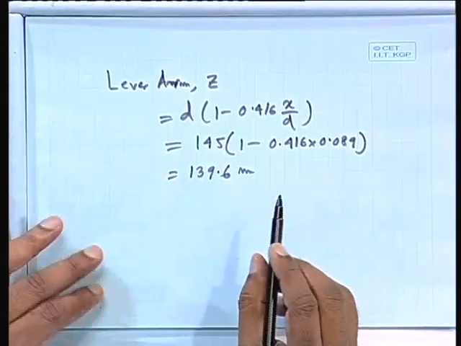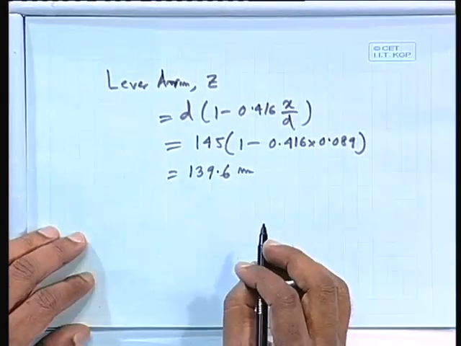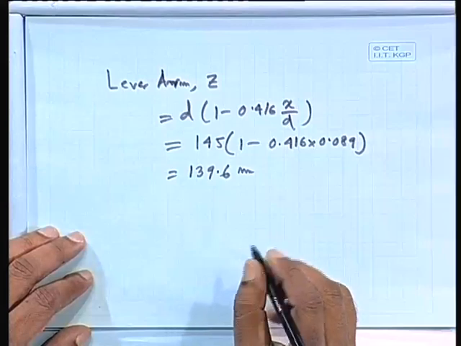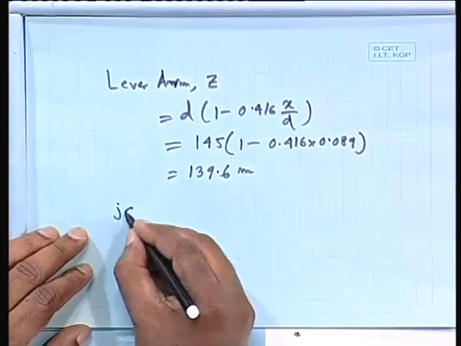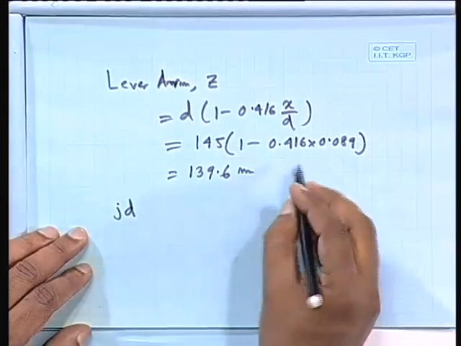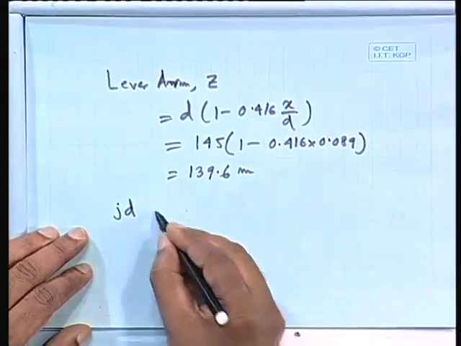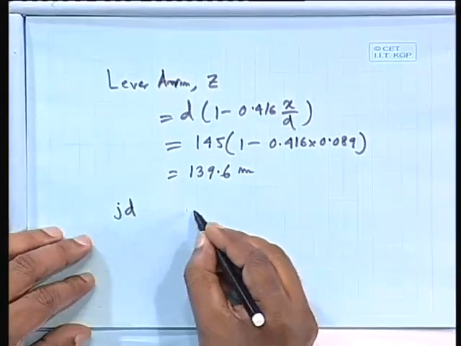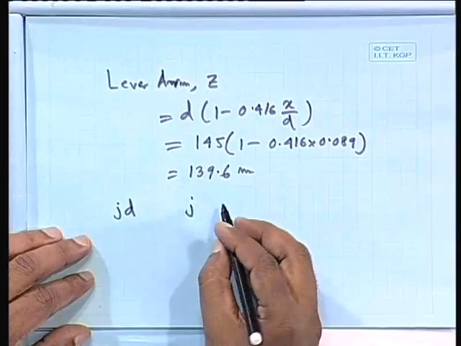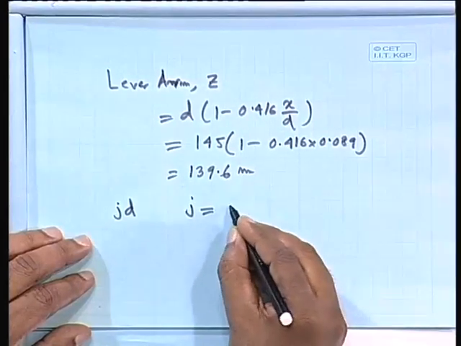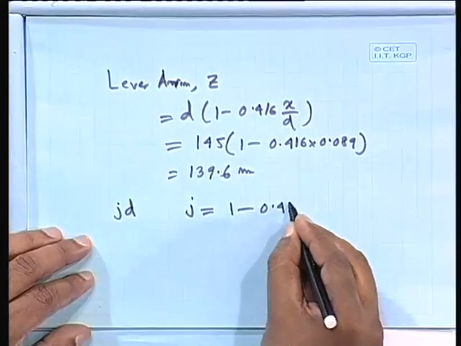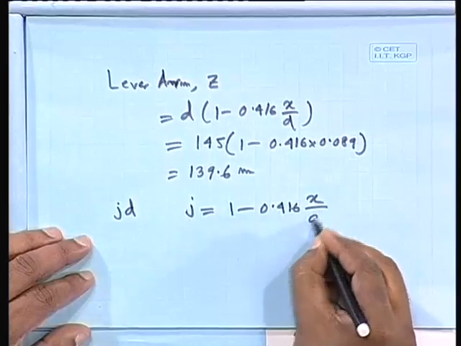If you remember the working stress method, we used to say JD. So, analogous to the working stress method, I can say J is nothing but 1 minus 0.416 x by d.